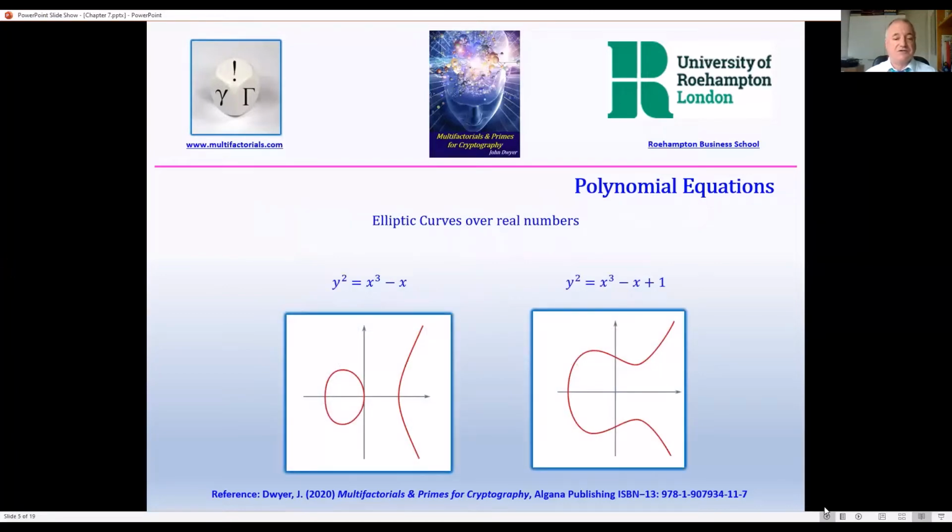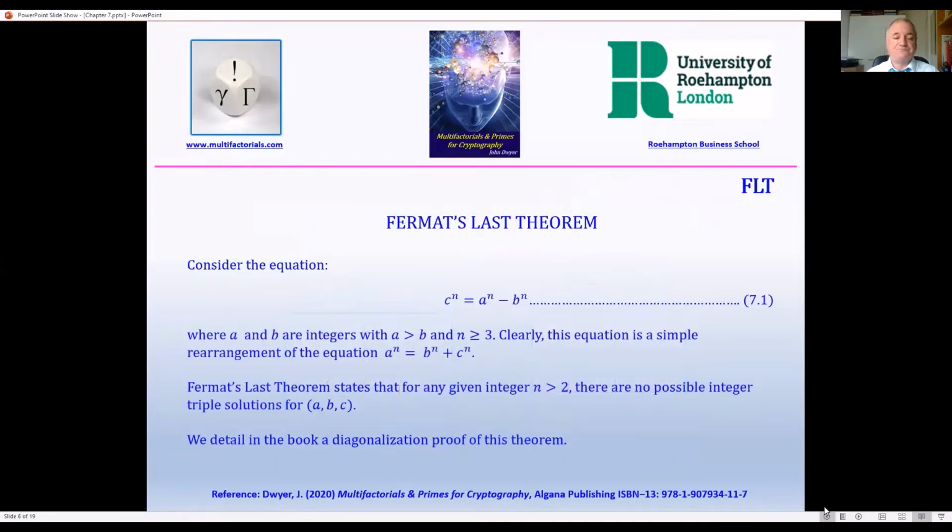Elliptic curves are a particular example using polynomial equations. Y squared equals x cubed minus x. There's an interesting curve. And y squared equals x cubed minus x plus 1. Another interesting elliptic curve. Now Fermat's last theorem is usually expressed as a to the n equals b to the n plus c to the n, where n is an integer 3 or bigger.